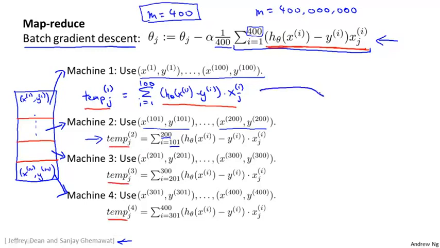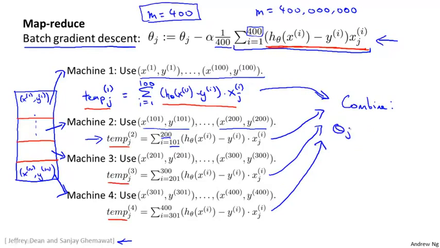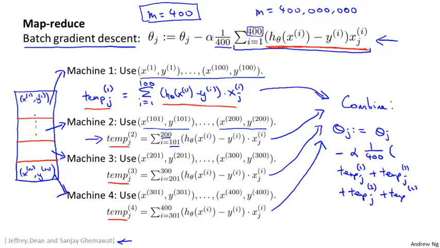So I'm going to take these variables and send them all to a centralized master server, and what the master server will do is combine these results together, and in particular it will update my parameters theta j according to theta j gets updated as theta j minus the learning rate alpha times 1 over 400 times temp 1j plus temp 2j plus temp 3j plus temp 4j.